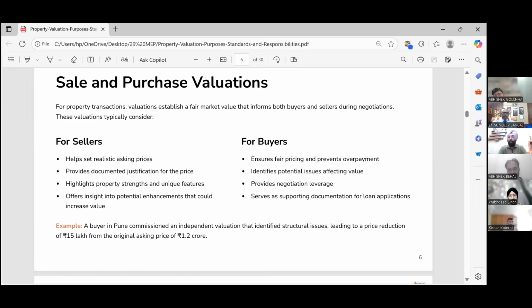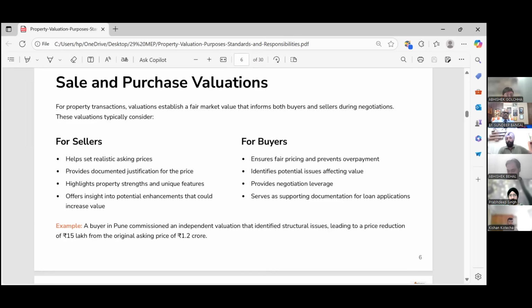You have to provide sellers a documented justification for the price, highlight the property's strengths and unique features, and offer insight into potential enhancements that could increase the value. Similarly, for buyers, you have to tell them the potential issues that may affect the value. You may provide negotiation leverage, and your valuation may also serve as documentation for a loan application.